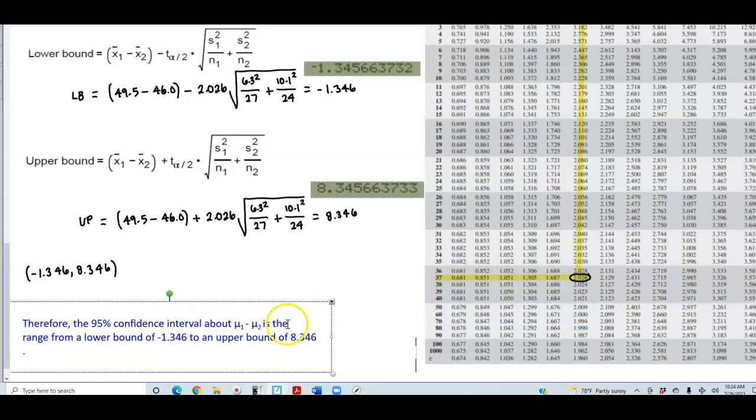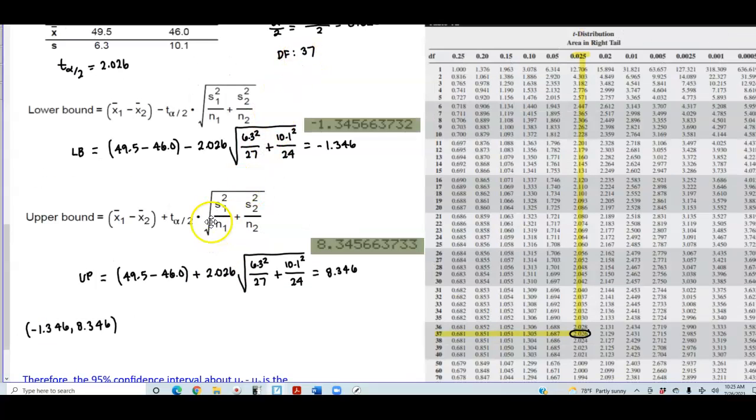We would say that there is a 95% confidence interval about population mean 1 minus population mean 2 in the range from a lower bound of negative 1.346 to an upper bound of 8.346. Again, that's because we use the critical value using degrees of freedom of 37 to be 2.026.